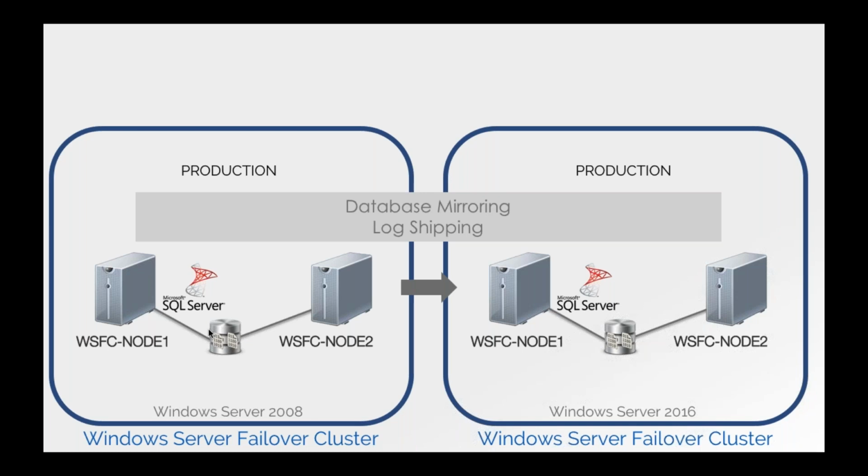Now, I'm speaking in terms of SQL Server 2014 and earlier, because I'm pretty sure you're not going to upgrade your SQL Server 2016 to SQL Server 2017. I'm pretty sure about that because, again, your finance guys and your managers are not going to agree with the idea. That's why I specify database mirroring and log shipping, because you can't mix and match versions of the operating system within a single Windows Server failover cluster.